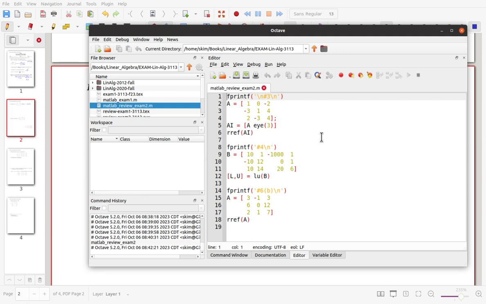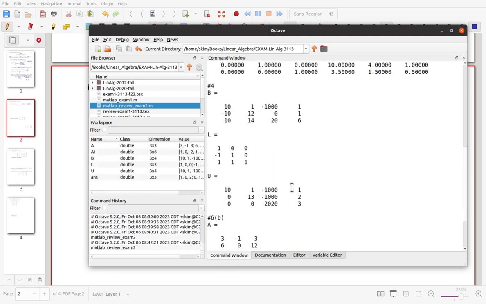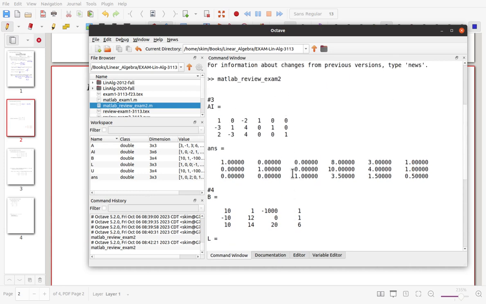Now execute, F5. Then we can see from the command window the result of number 3, A and I, and then this became identity. So this portion, 3 columns, the second half of this augmented matrix is the inverse of the matrix A.